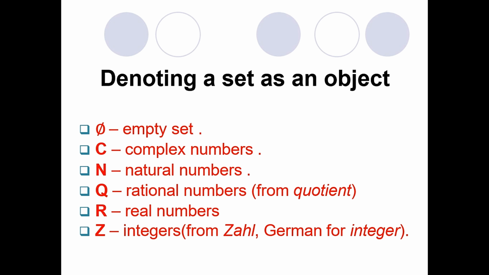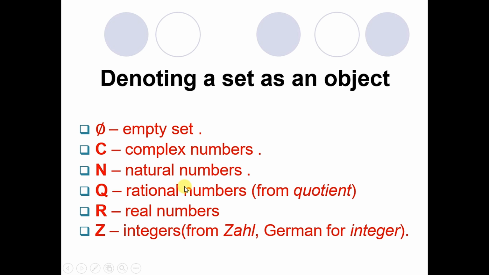Now let's go to how we denote a set as an object. Where it is desirable to refer to a set as an indivisible entity, one typically denotes it by a single capital letter. By convention or convenience, particular symbols are reserved for the most important sets of numbers. This symbol, a 0 with a slash, is called an empty set.